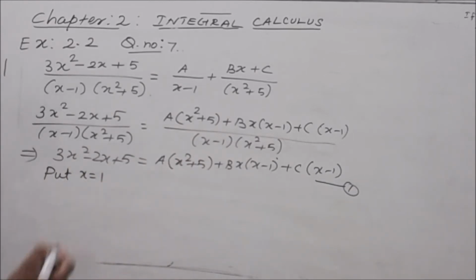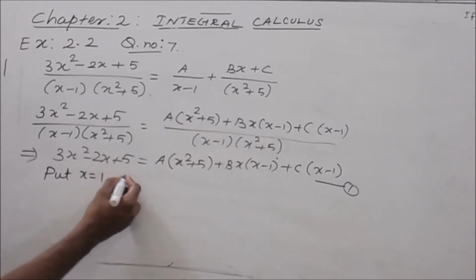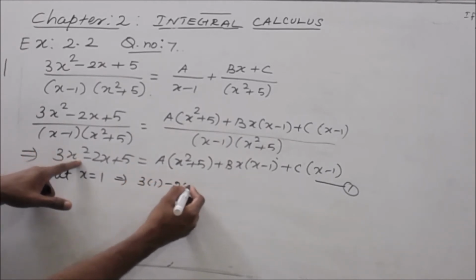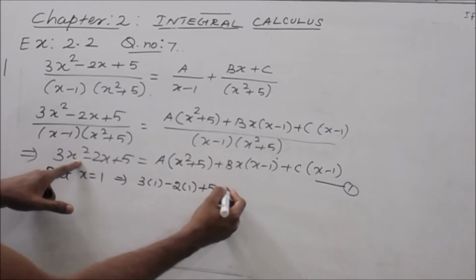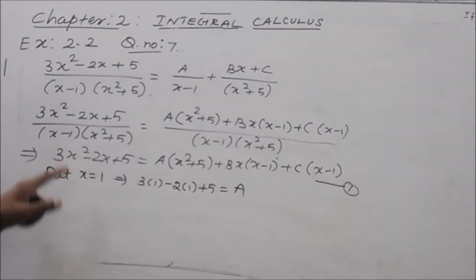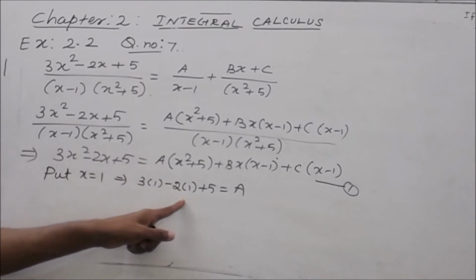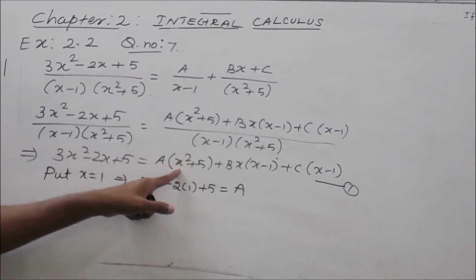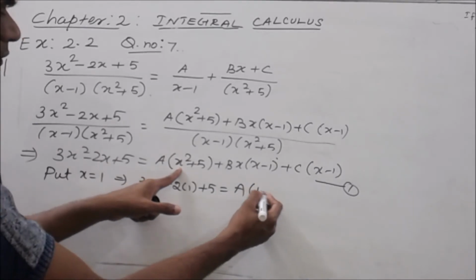We get 3(1) − 2(1) + 5 = a(1² + 5). That is the LHS, and the RHS is a into 1 plus 5.